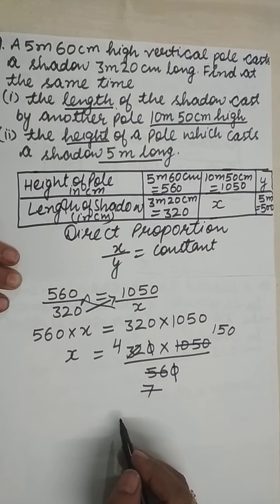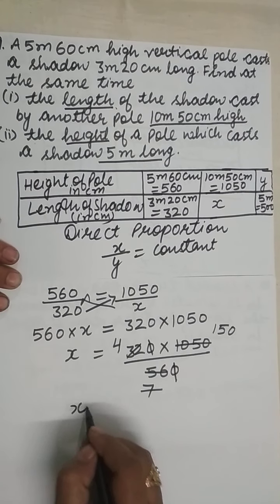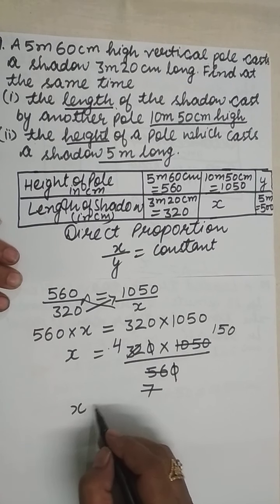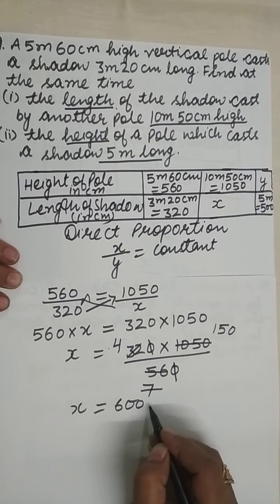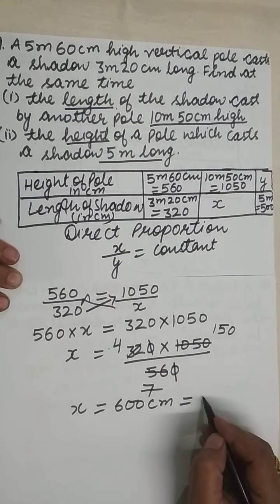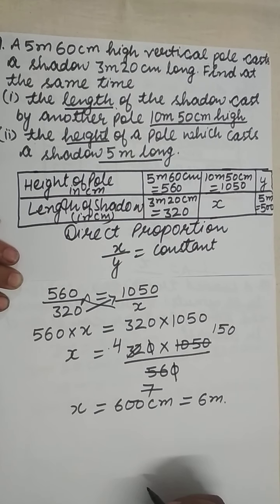So this is 150. So x is equal to 15 4s are 60. That is 600 centimeters, or we can say that it is 6 meter.